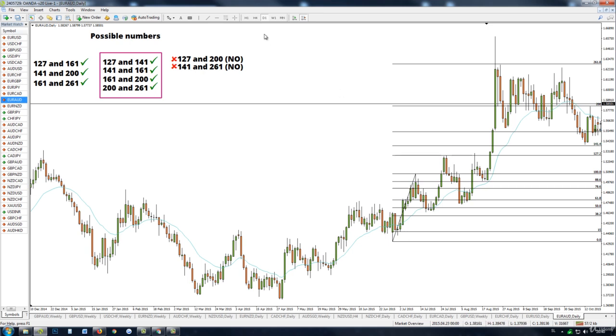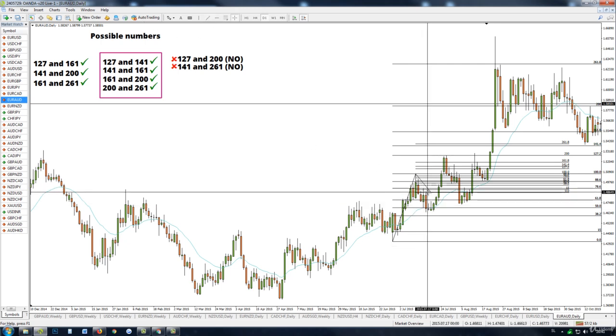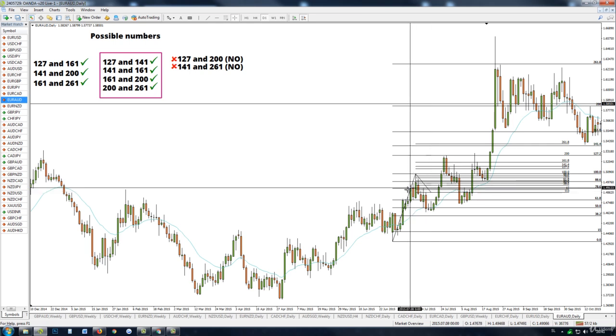This is the impulse leg. Now imagine that the retracement would be like that. Let me just fit that in. So here we have a 127 impulse leg, 200 retracement. You can see the retracement would be to right here only, so that would mean less than 20% of the impulse leg.